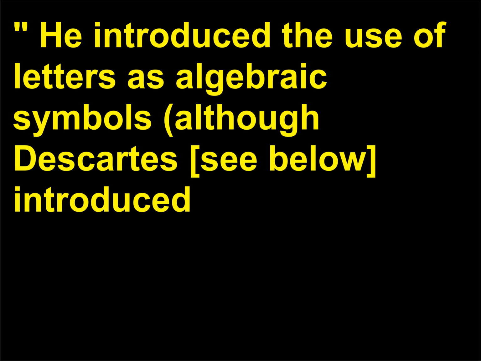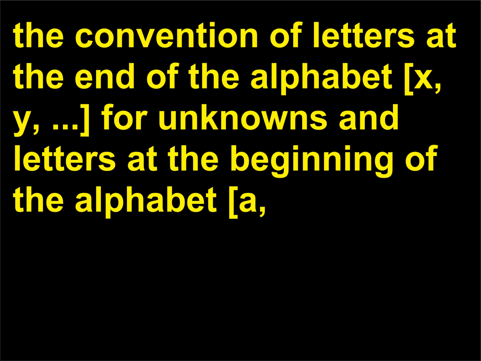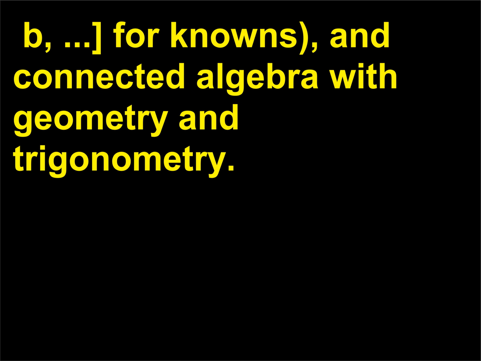He introduced the use of letters as algebraic symbols, although Descartes, see below, introduced the convention of letters at the end of the alphabet, X, Y, for unknowns and letters at the beginning of the alphabet, A, B, for knowns, and connected algebra with geometry and trigonometry.